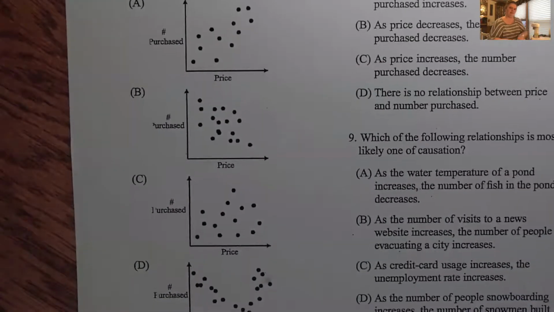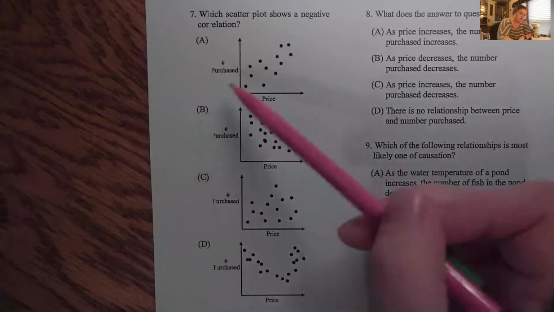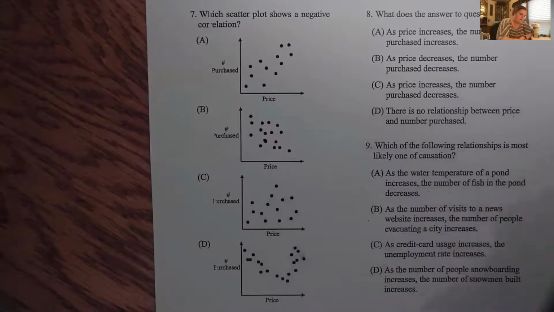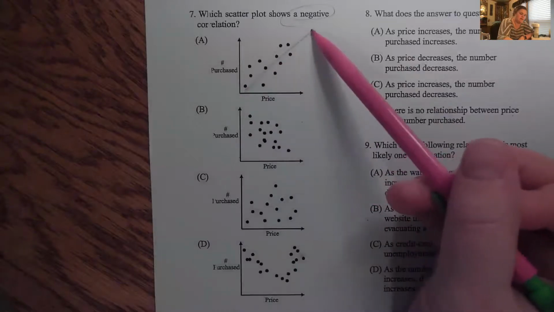Okay, next page. Number 7. It says which scatter plot, so these are scatter plots because they have just a bunch of dots, shows a negative correlation. So which one shows a negative slope? Which one's going downhill, strictly downhill? Well, this one looks like if you drew a line of best fit in there, it would be going uphill.